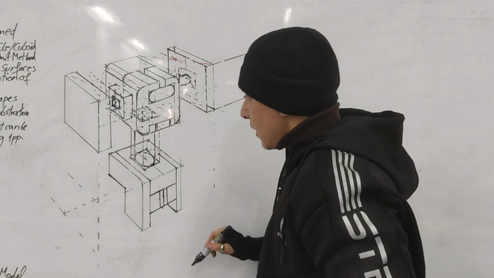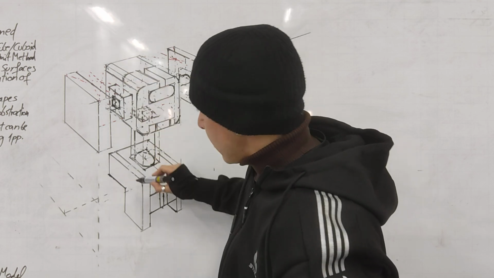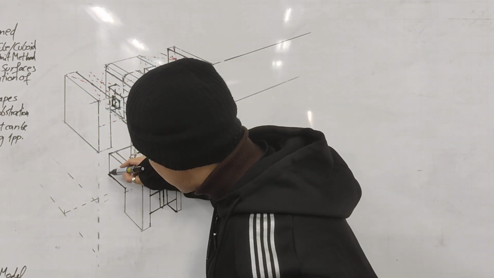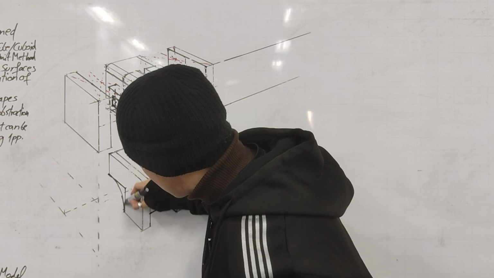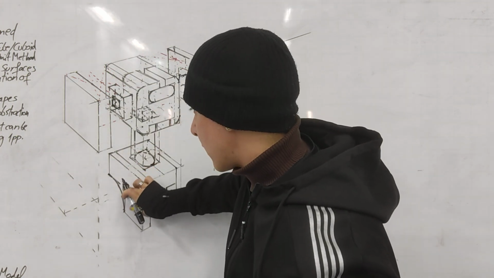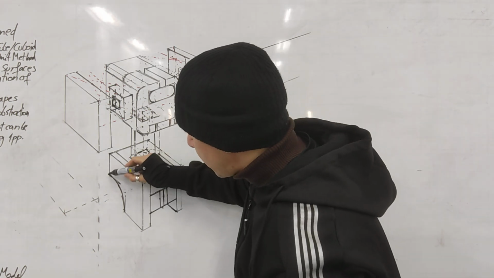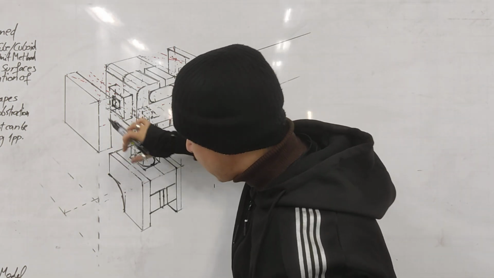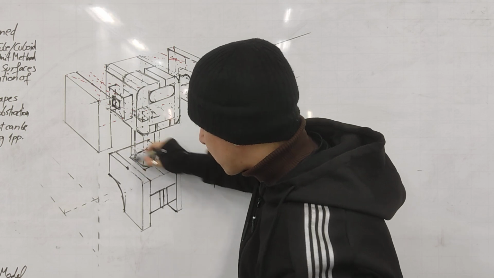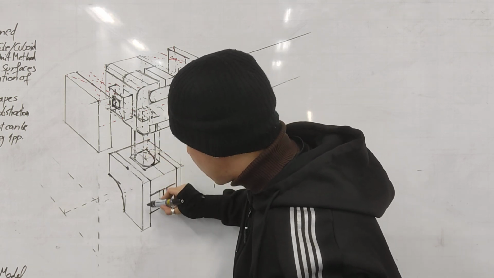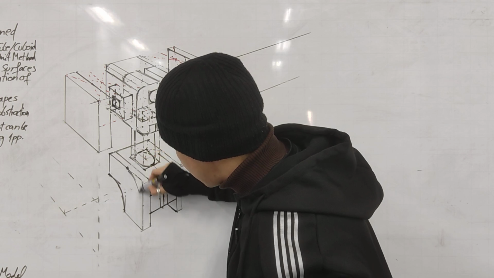Okay. Here I will put a bigger radius than I did here. For example, I want from this point to this point to be all a radius. It's my choice, okay? I can make it smaller, bigger, as I like. From here, the same thing. So the same size radius I want to put here. So starting from the center of this to the center of this. Okay, so this radius here.